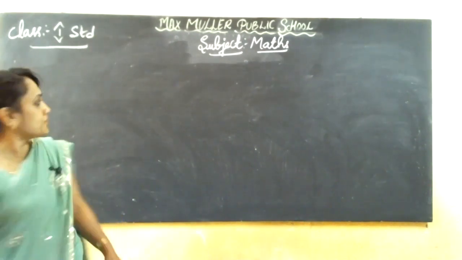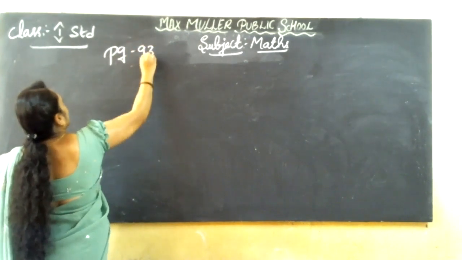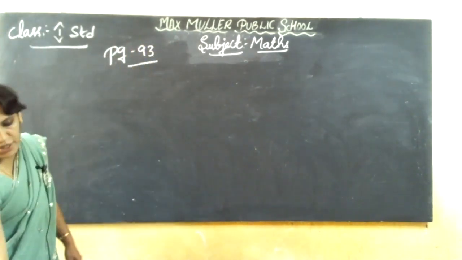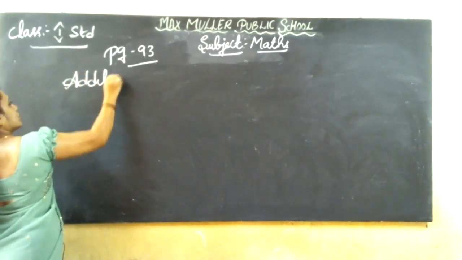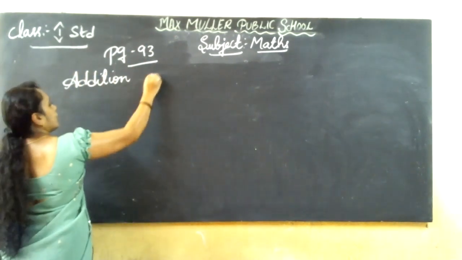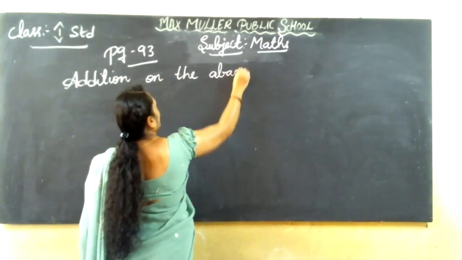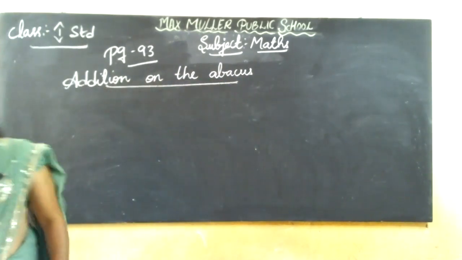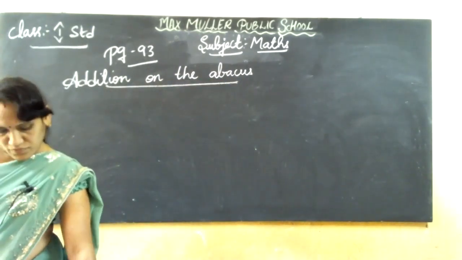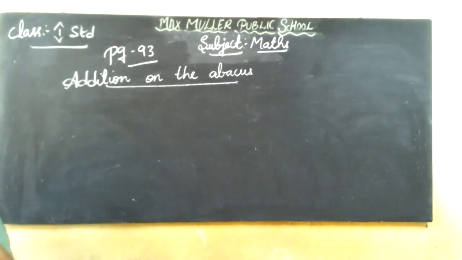Shall I start? Page number 93. What is the heading? Addition on the abacus. Draw the beads on the abacus and add. What heading are they given?